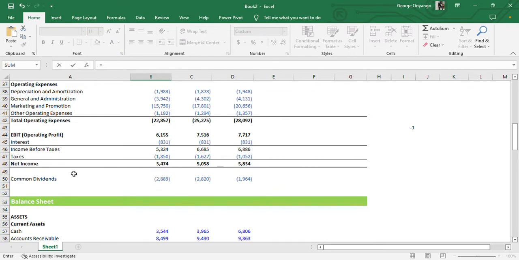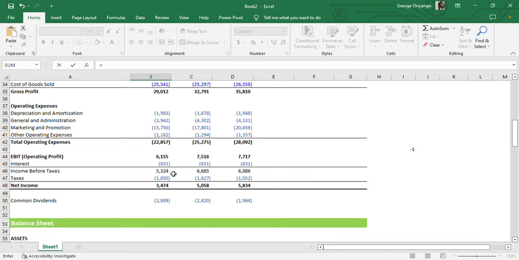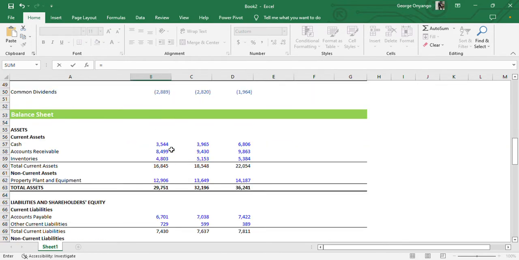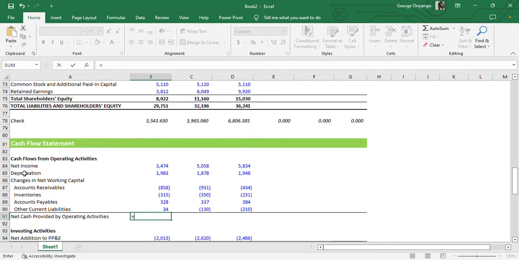As you can see here, the net income for the year 2010 was 3,474. Remember, these values are in millions. So if you come to net income, the values are the same. That means that we are doing the correct thing.